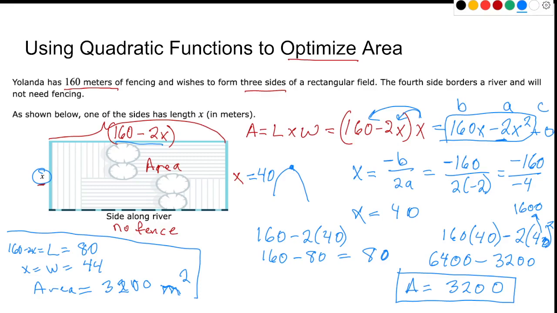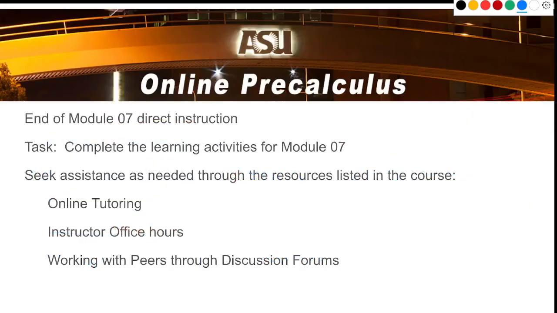So that's how we can use the formula for the vertex that we've got. We can use Desmos to find the x-intercepts. We can also use our factoring to find x-intercepts. We could also use the quadratic formula with that full square root thing. But in those cases, most of the time, we could just go ahead and find out using Desmos.